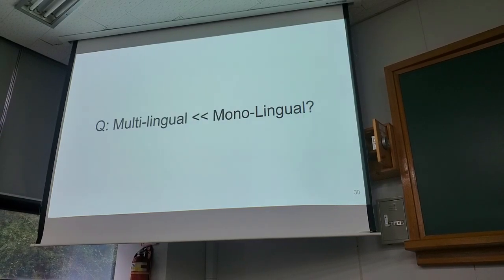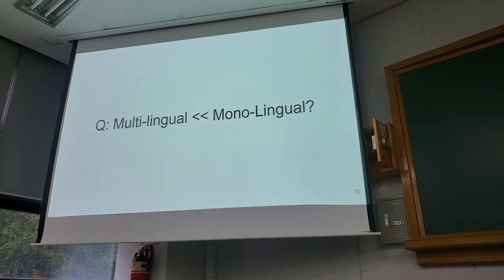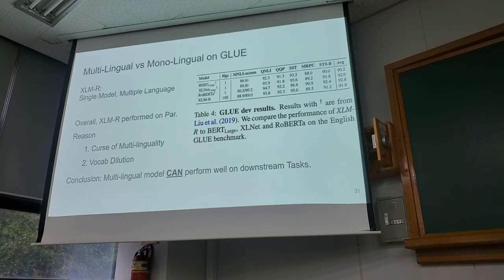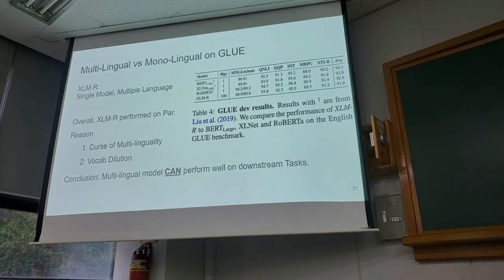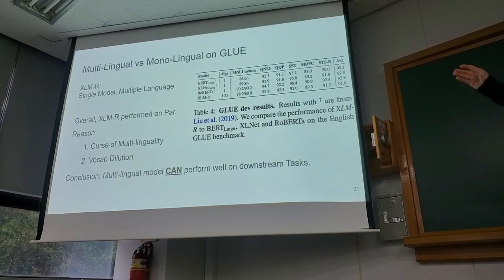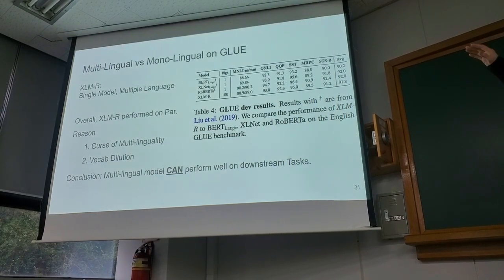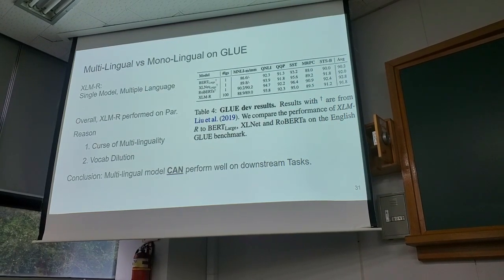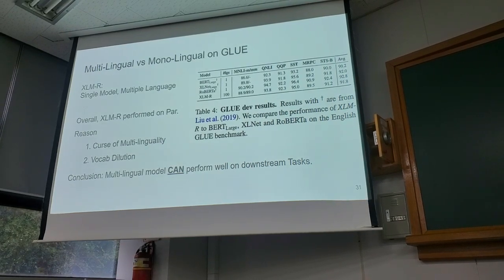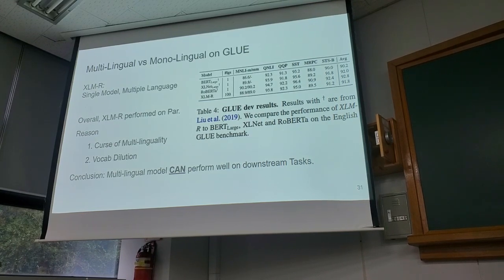That's all for the cross-lingual, and now I'm going to move on to the multilingual. Does the multilingual model really underperform its monolingual counterparts? Starting from GLUE, we can see that XLMR trained on 100 languages with a single model shows on-par performance compared to BERT or RoBERTa trained on a single language. But there's still some gap, like 1 or 0.2 on average.